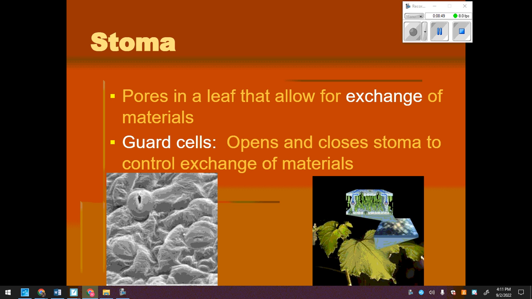Stoma. You don't have to write this, but I'm going to talk about it. The stoma are in the leaves. They're like little pores. They open and close. And they have little guard cells that allow them to open and close at the correct time. If they were open all the time, the plant would lose all of its water. And that would be so detrimental to its health.